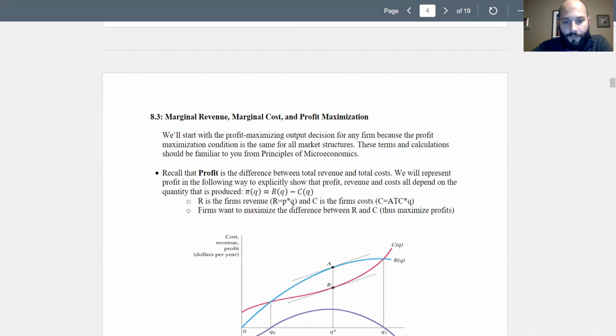You can see that that's a function of Q. And then our total cost is also a function of how many we produce, C, or our average total cost, times Q. So total cost is how much each one cost to produce times the quantity that we made. So we often see the profit function written as PQ minus CQ.